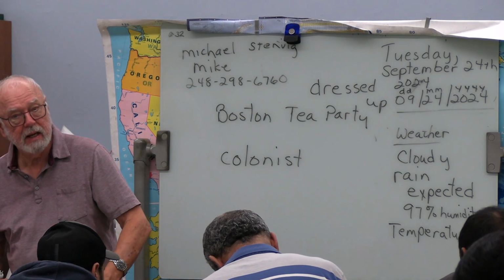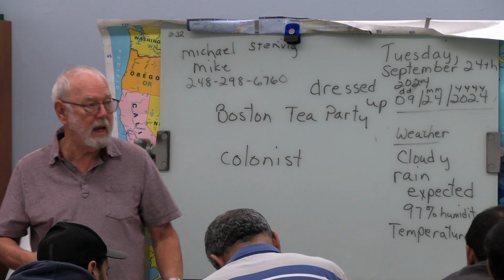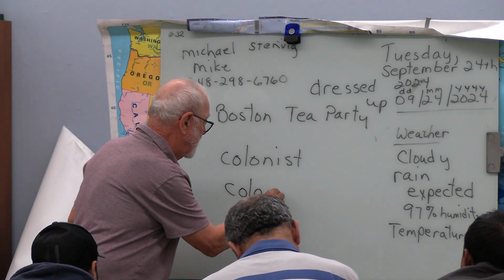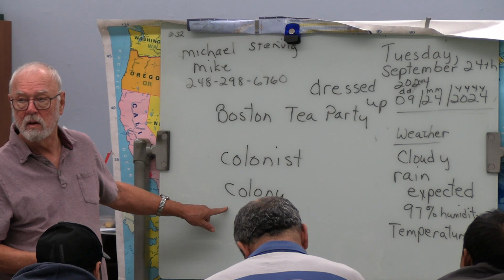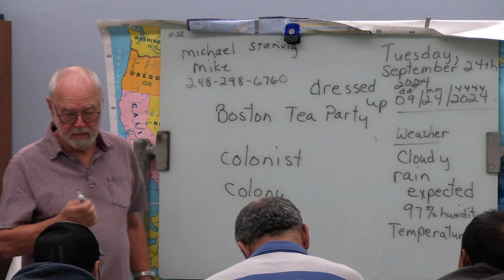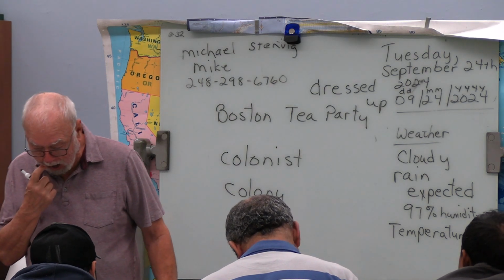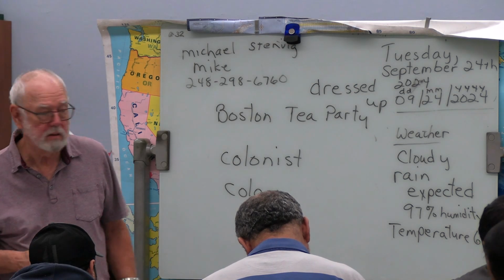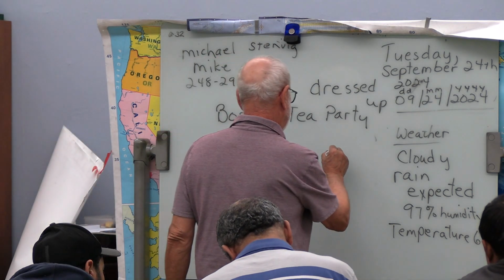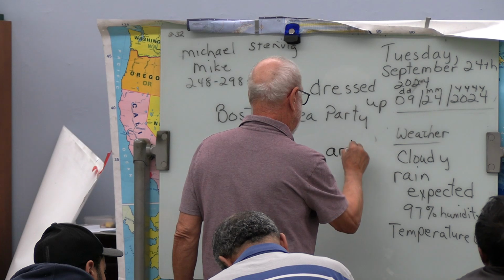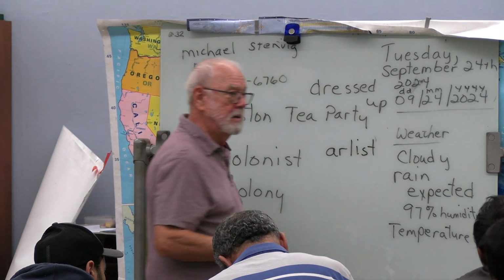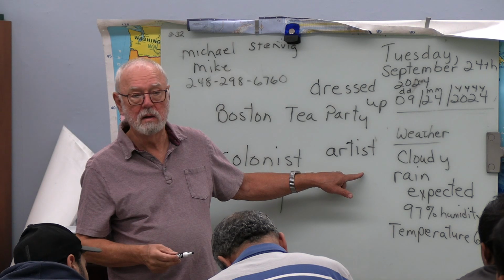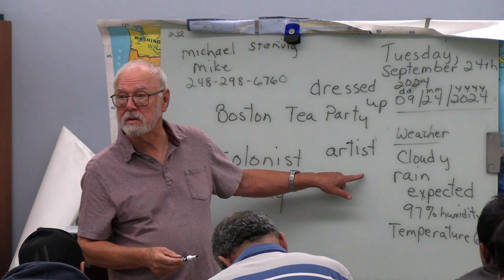A colonist is a person who lives in a colony. What is an artist?